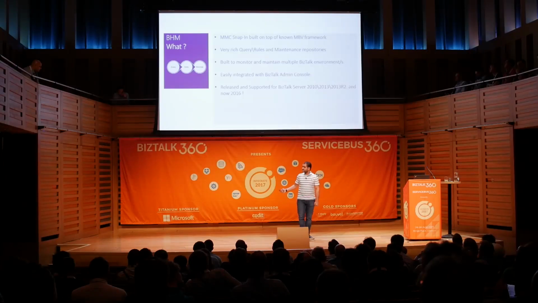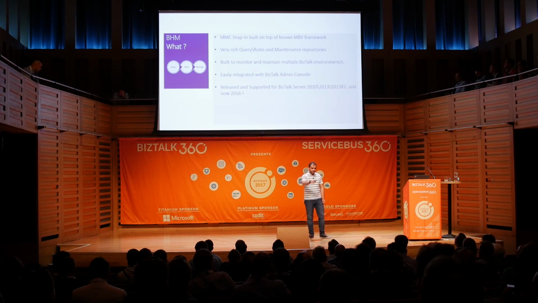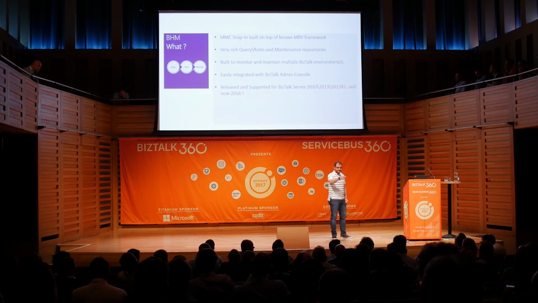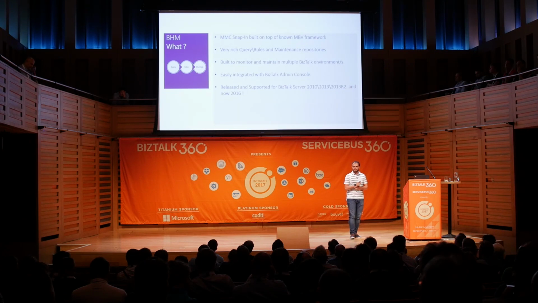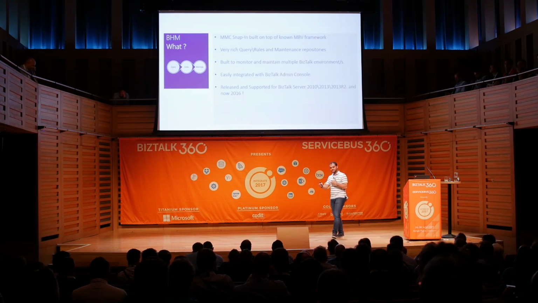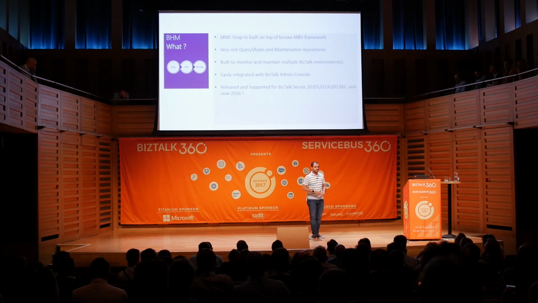So we built BHM on top of that. So it's now supporting 2016, and actually Samuel, he is a BFE, he's actually dealing with the creator of the BHM to add a list of checks for the always-on availability groups and things like that. So, yeah.